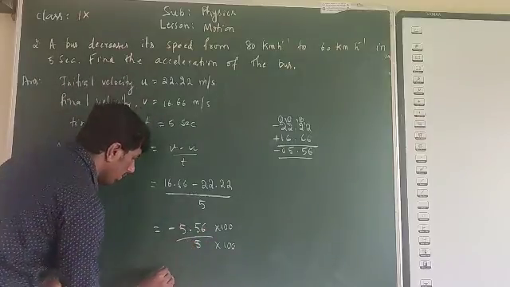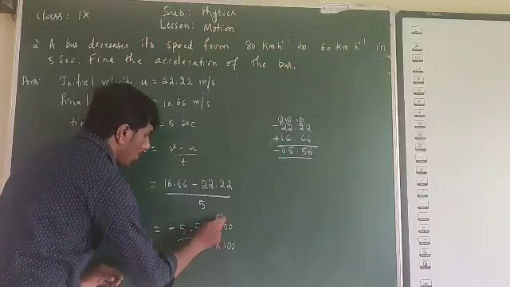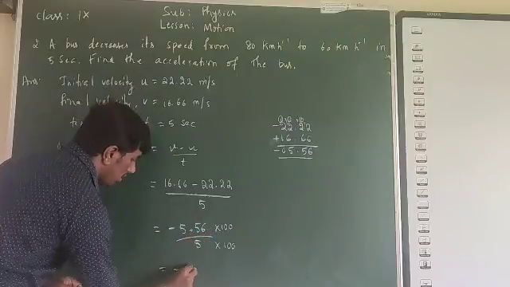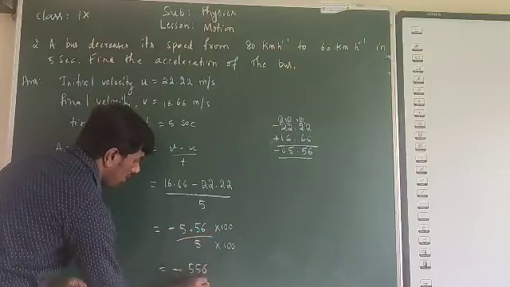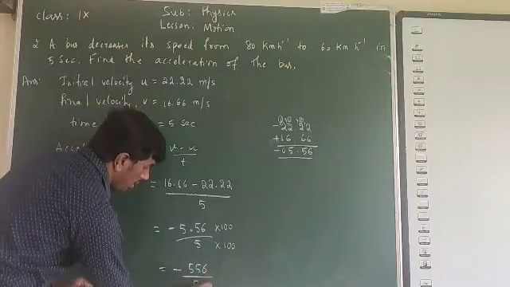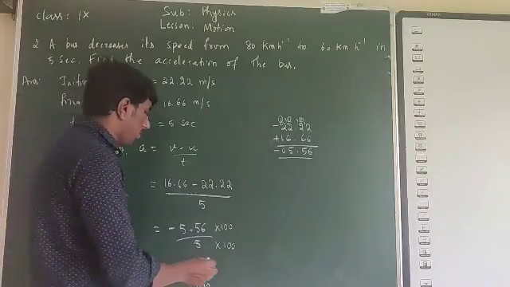So it becomes minus 556, and in the denominator, 5 into 100 will become 500. Now we will divide 556 by 500.